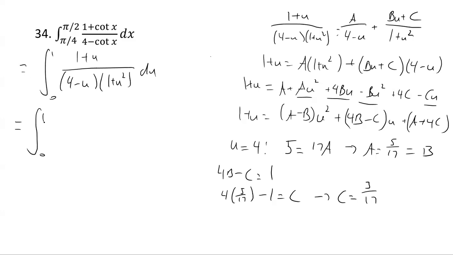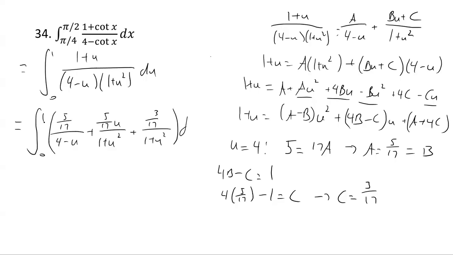A was 5 over 17 over 4 minus u, plus B was 5 over 17 as well, 5 over 17 over 1 plus u squared, and then plus 3 over 17 over 1 plus u squared du. By the way, I split up this fraction into these two right here, because I know how to integrate these individually like that.